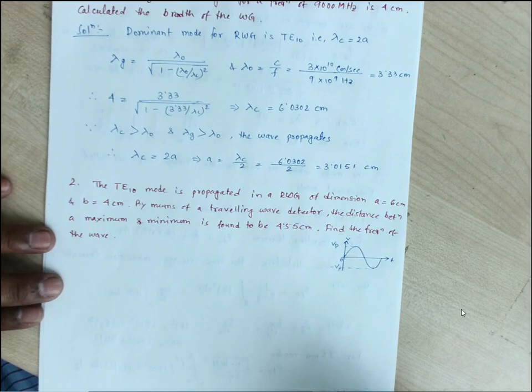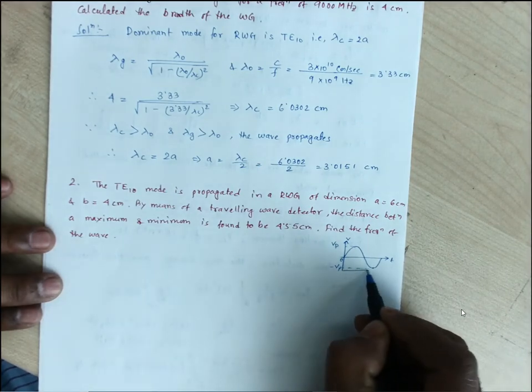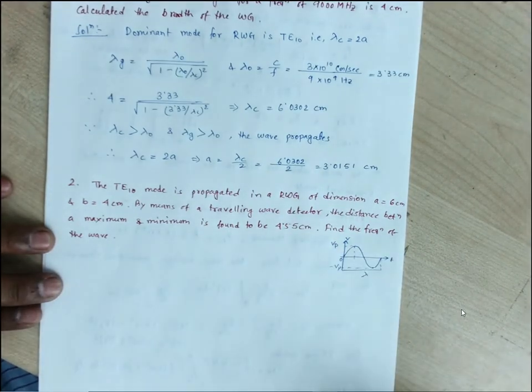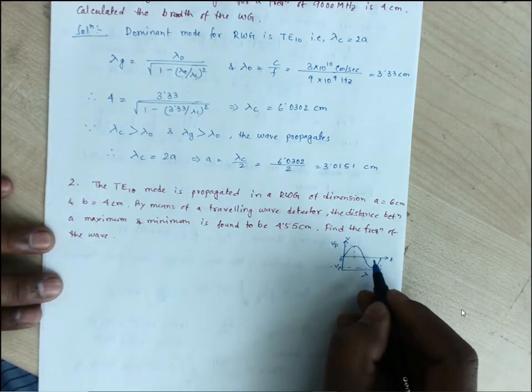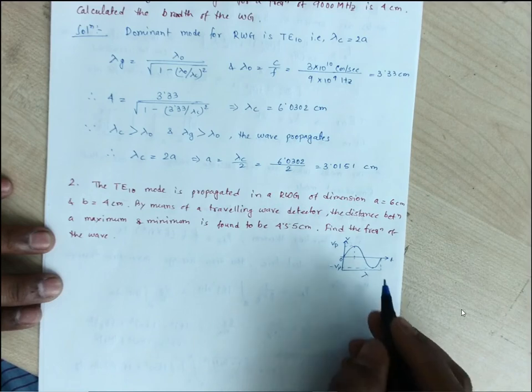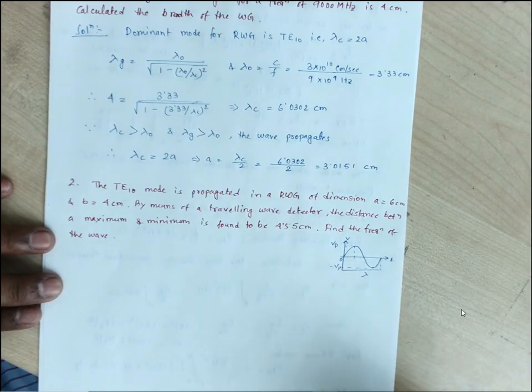So at what distance can we have a minima and maxima? If this is our wavelength lambda, then this point is lambda by 4, this is lambda by 2, this is 3 lambda by 4, and this is 4 lambda by 4, that is lambda.